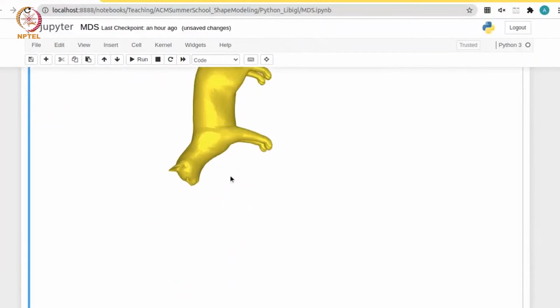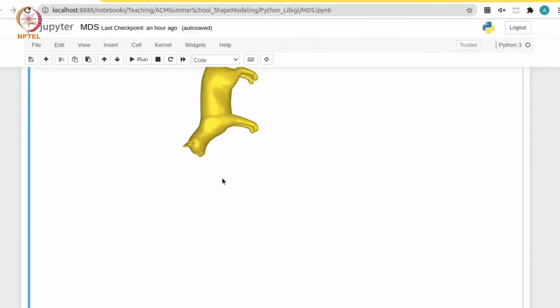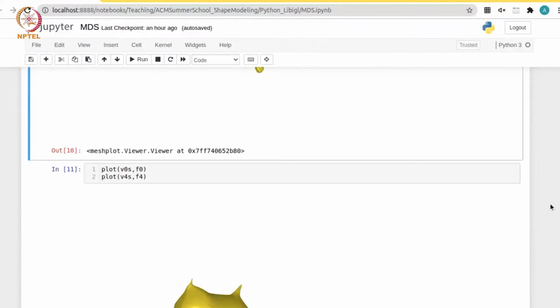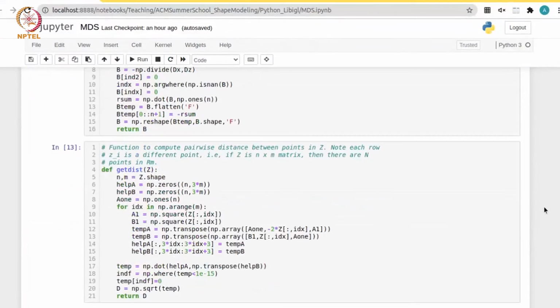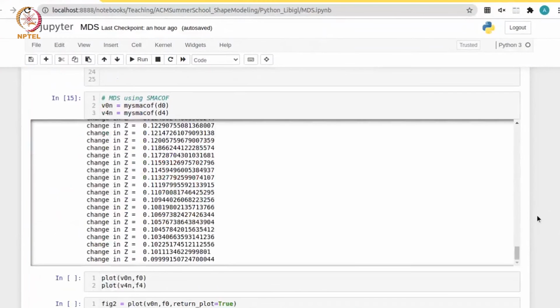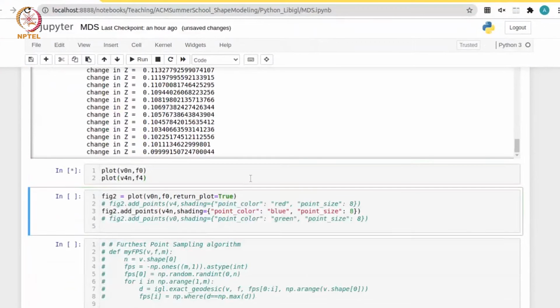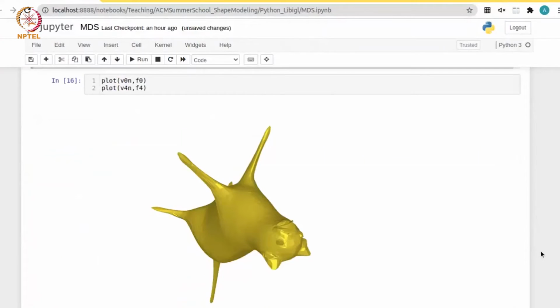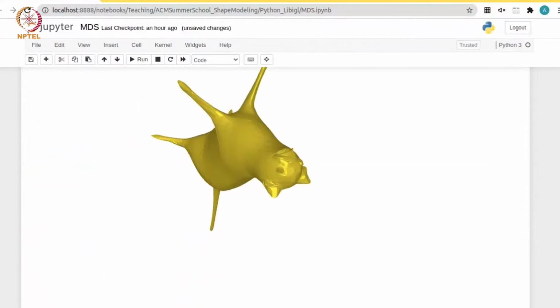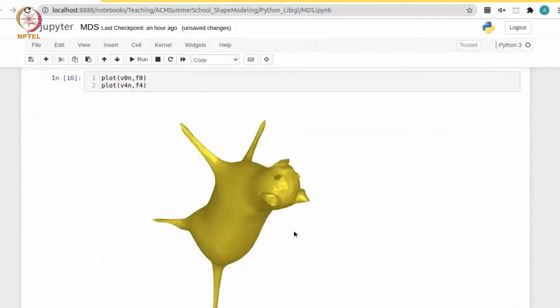Using SMACOF, if we embed them using MDS, again remember we are embedding it in a three-dimensional space, we get something. So the first one is for cat0.